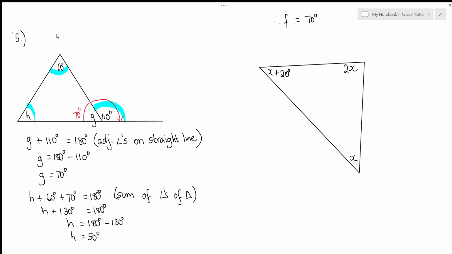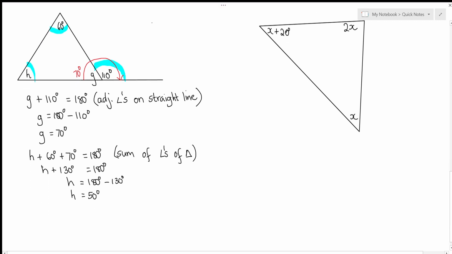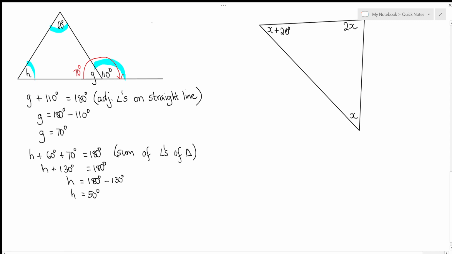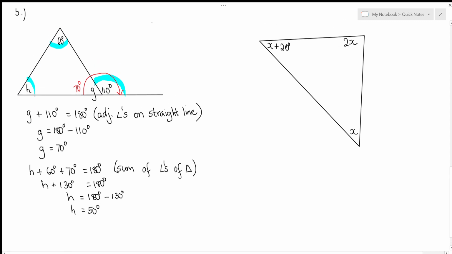Okay, having a look at number 6, which is the last one. Number 6 is based on more algebra and looking at equations as well. So basically we're going to say x plus 2x plus x plus 20 degrees is equal to 180 degrees.